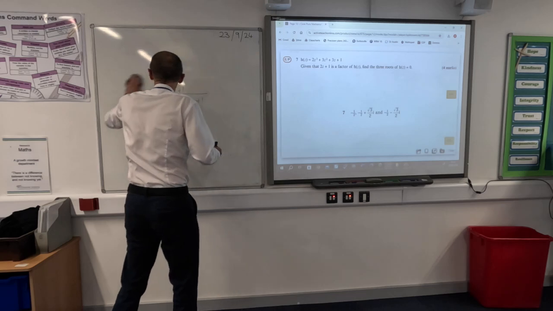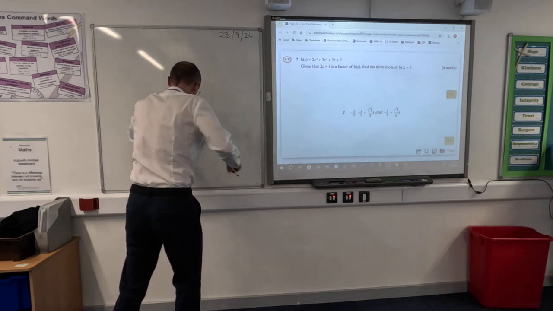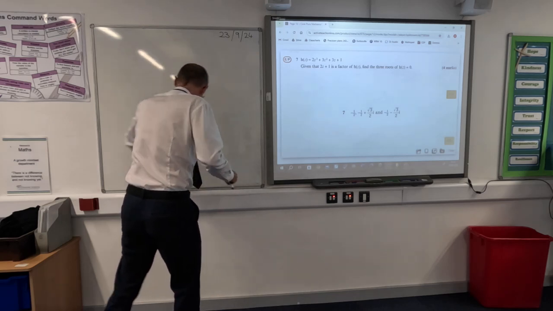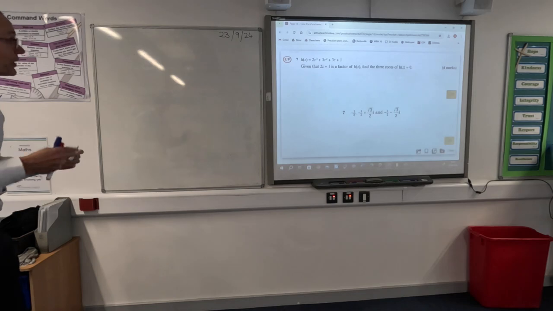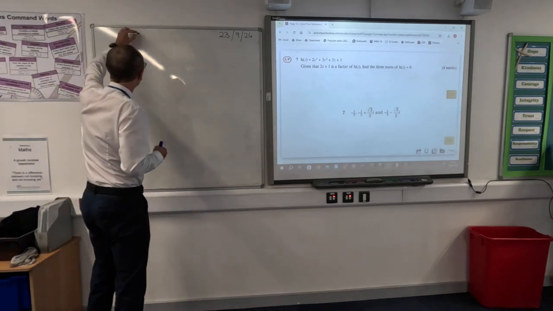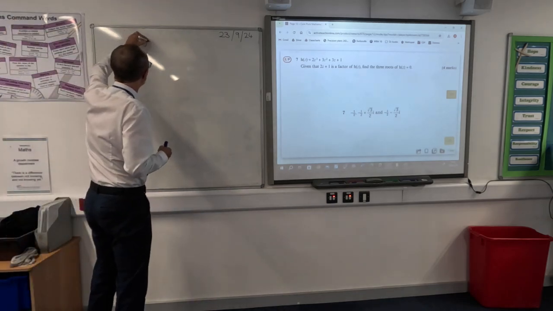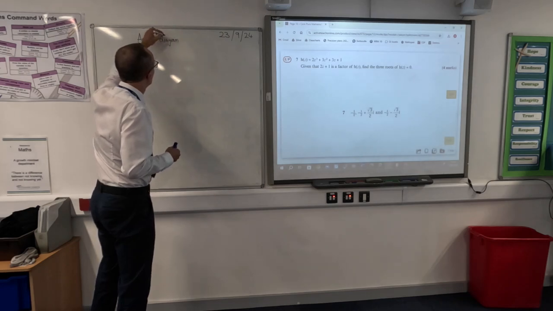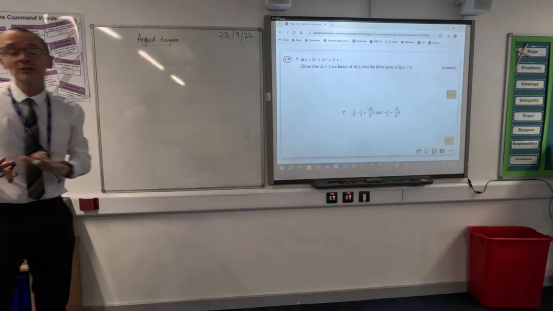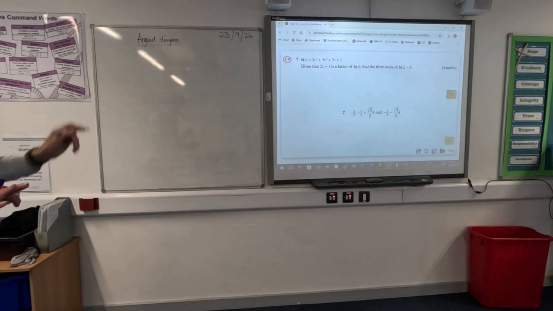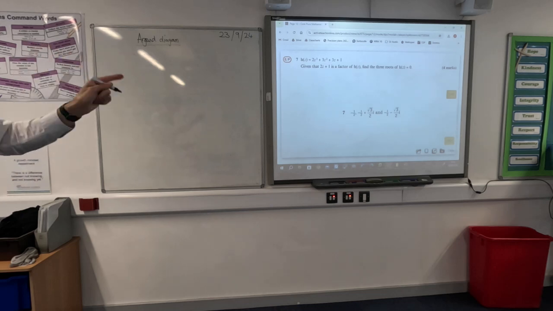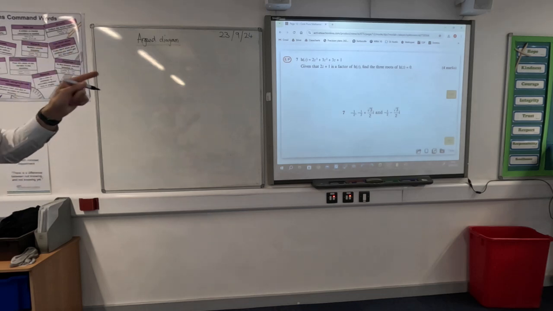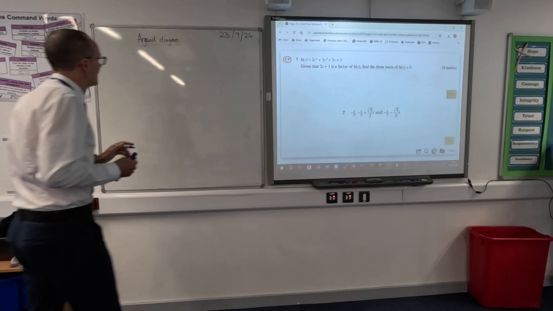But the rather sort of dull two-dimensional version of it that I'm going to use is called an Argand diagram. So an Argand diagram is an alternative way of displaying a complex number. Well, actually, you can display any number. So I'm going to display my 3 solutions to this equation on an Argand diagram.